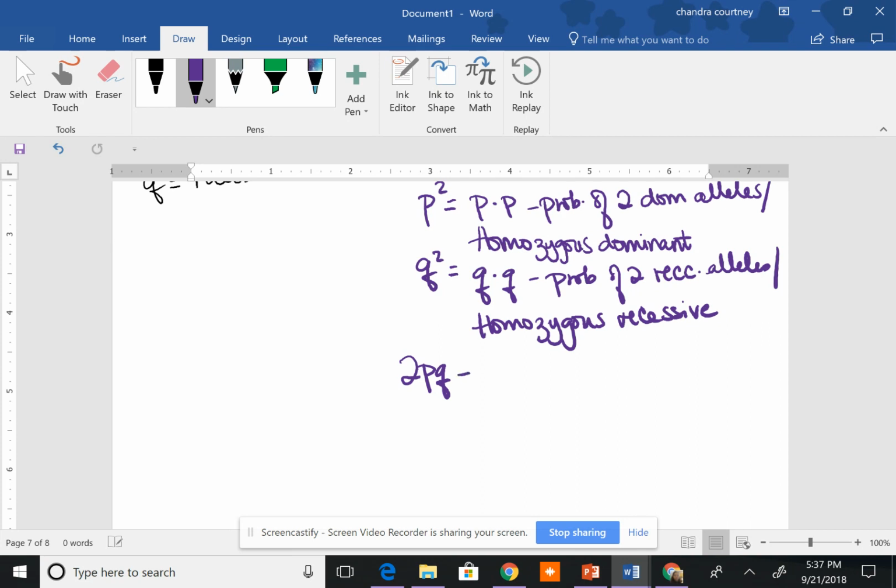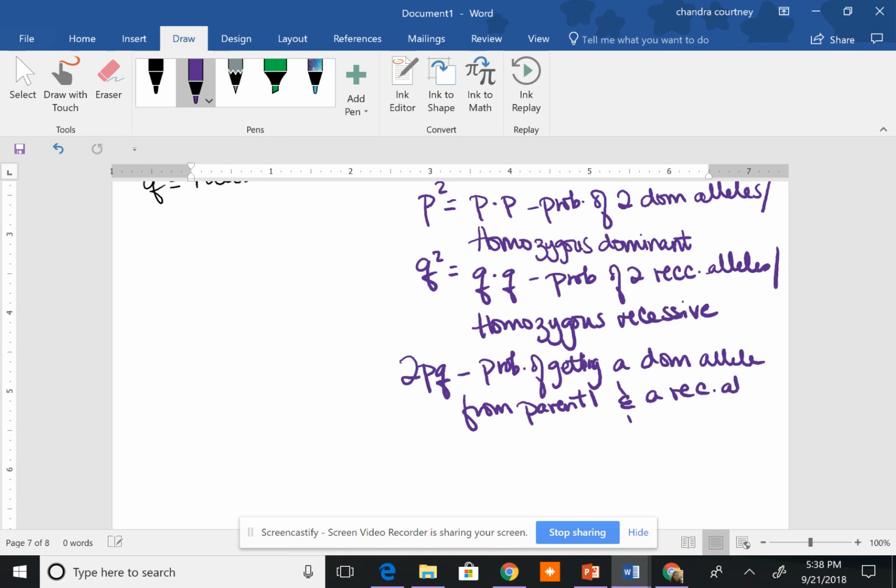So 2PQ is the probability of getting a dominant allele from parent 1 and a recessive allele from parent 2.